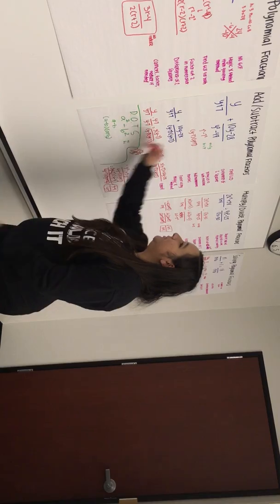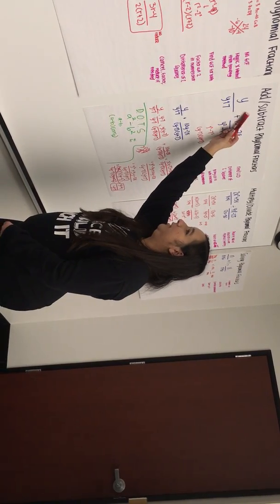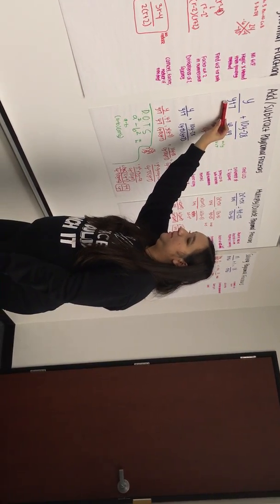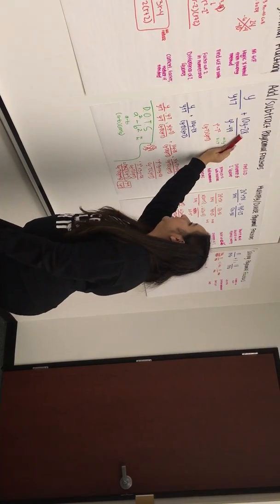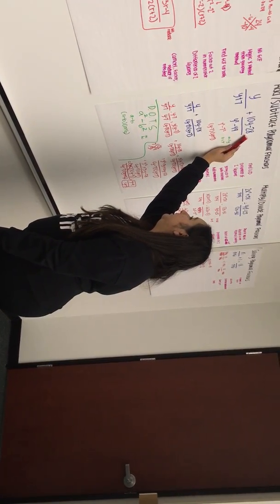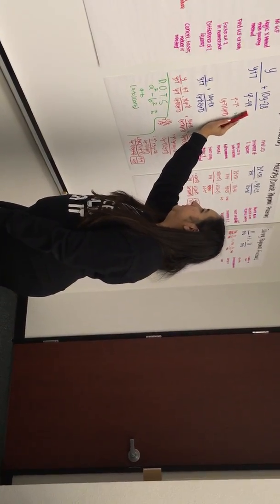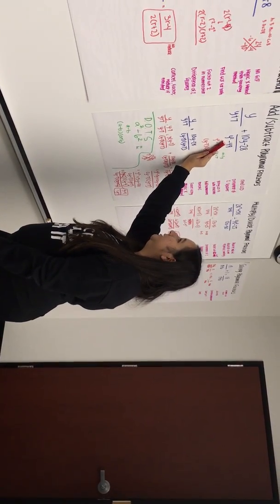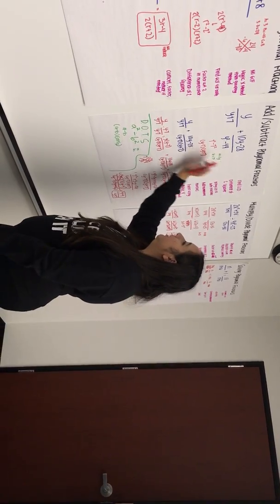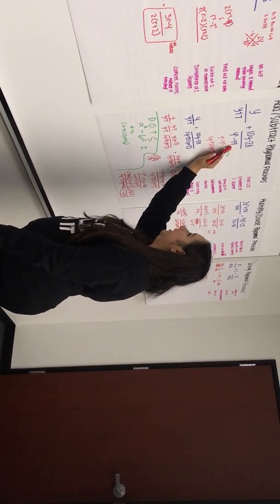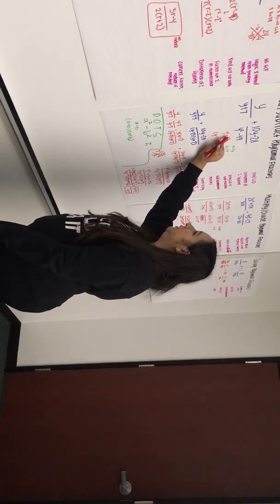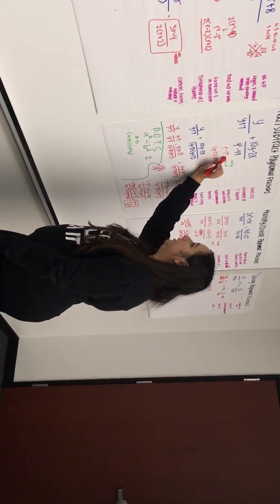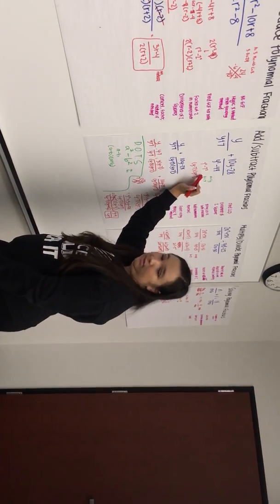So this fraction's already factored all the way through and has its LCD. This one, we need to find the LCD, and right here is the difference of squares. So y squared minus 49 ends up becoming y squared minus 7 squared, because 7 squared is 49.